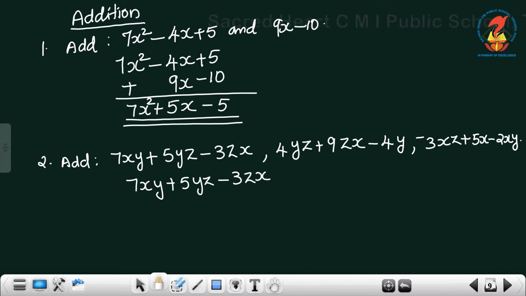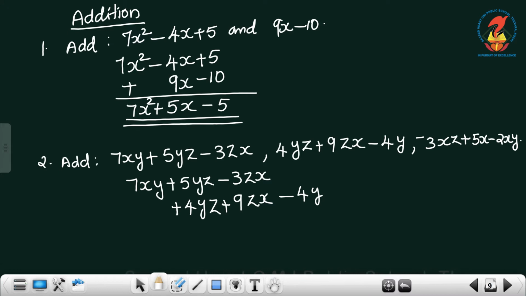Next 4yz plus 9zx. How can you write 4yz? Below the 5yz, plus 4yz, its sign is positive. Minus 3zx and 9zx are like terms, so write plus 9zx below minus 3zx. Minus 4y: no y term is there, so write minus 4y separately.